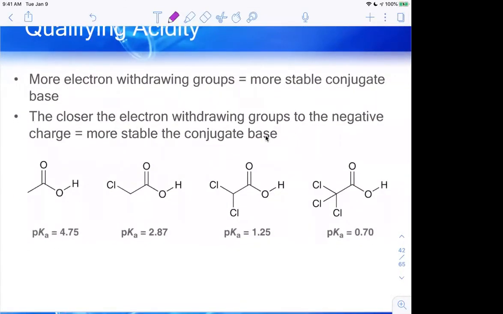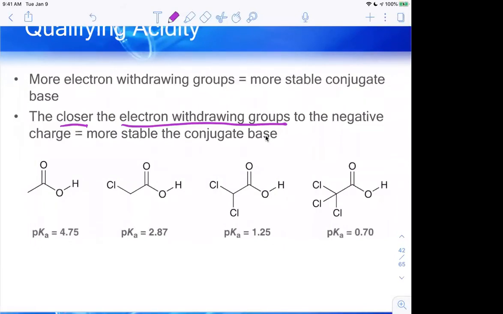Now, the more electron withdrawing groups I have, the more stable that conjugate base. The higher the electronegativity, the more stable that conjugate base. And the closer that electron withdrawing group is to the negative charge, the more stable the conjugate base.